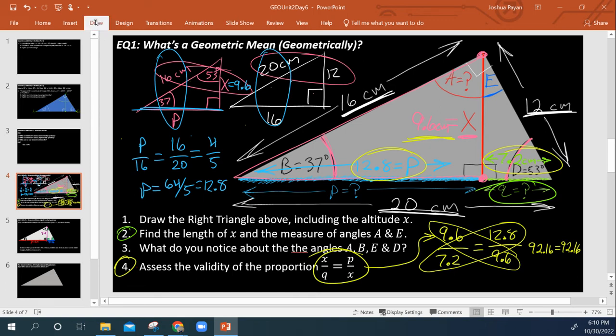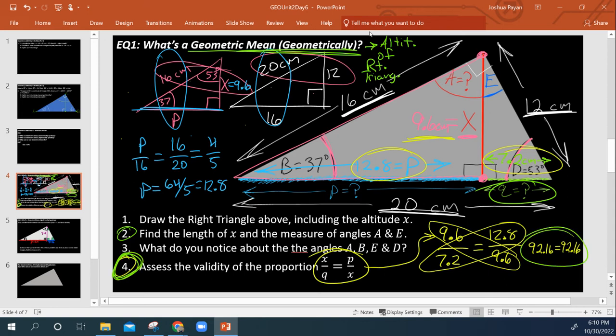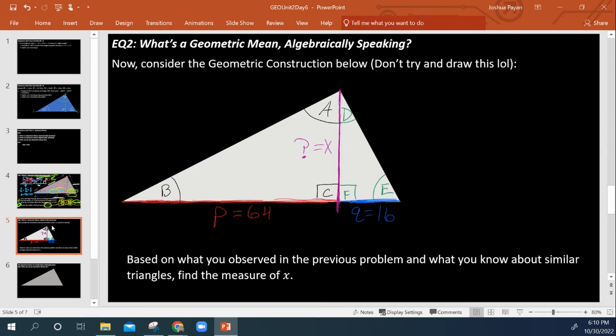So to answer EQ1, a geometric mean geometrically is simply the altitude of a right triangle. And number 4 here that we just did, where we found this algebraic identity with this proportion, gives us our answer to EQ2.